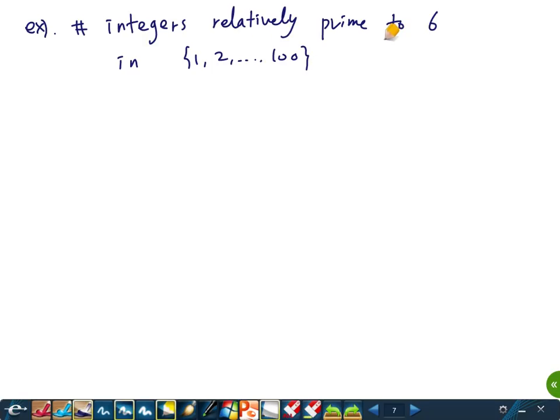Here, relatively prime means two integers a and b have GCD equal to 1. They don't have any common divisor except 1.